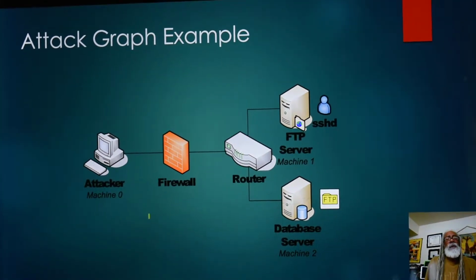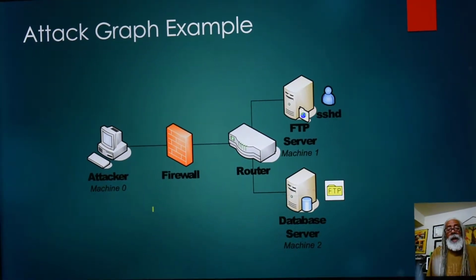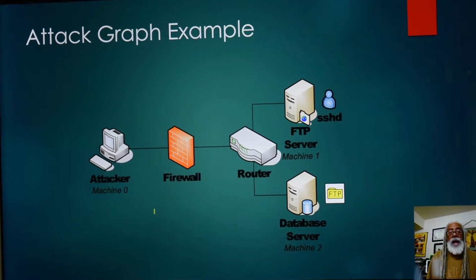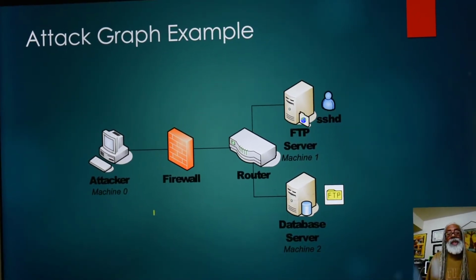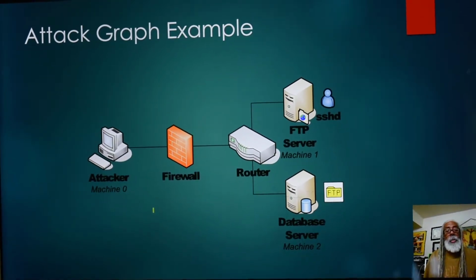An example of an attack from outside of the office shows the attacker on the other side of the firewall. The firewall is there to prevent the attacker from coming through to the router.